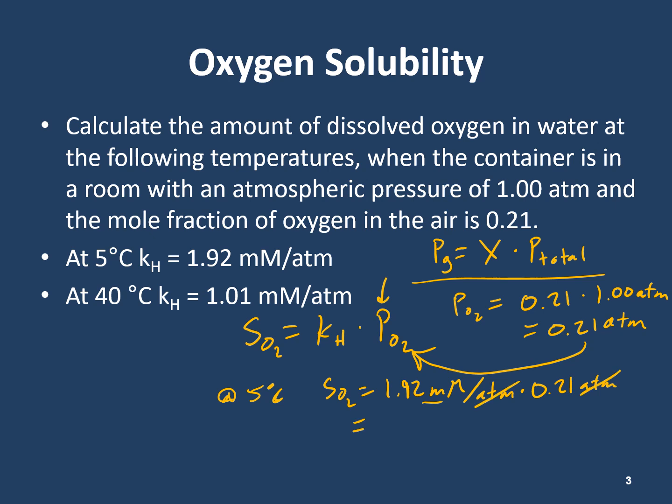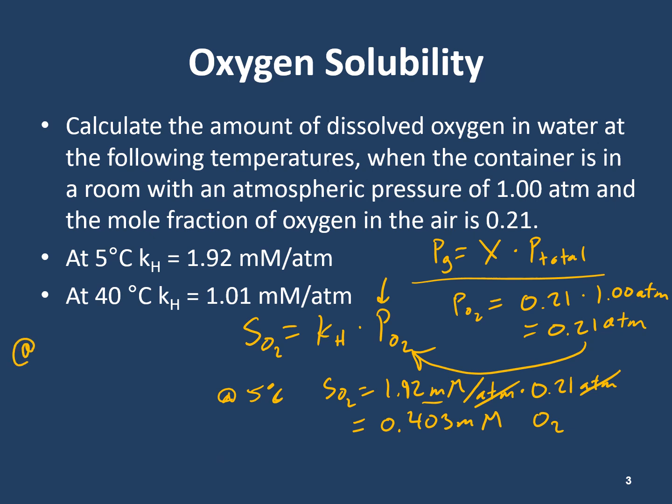We're going to be left with our concentration here. And we get that the concentration should be around 0.403 millimolar of O2 dissolved in the water. At 40 degrees Celsius, this isn't much different.